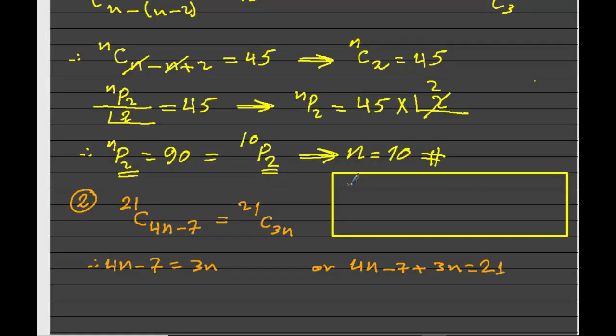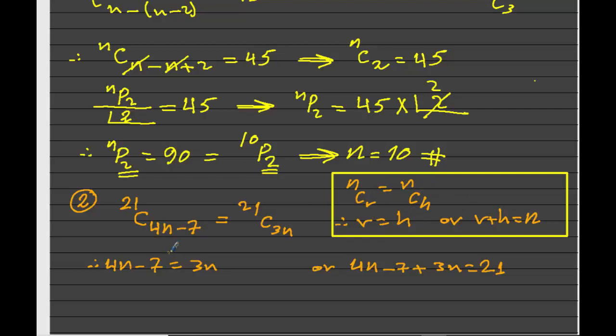If nCr equals nCh, so r equals h, or r plus h equals n.